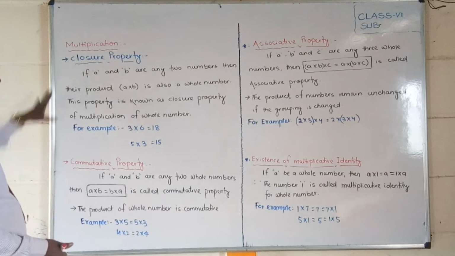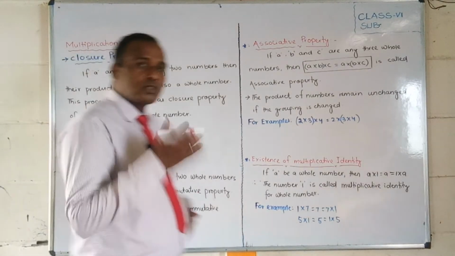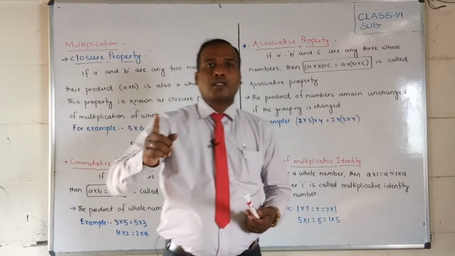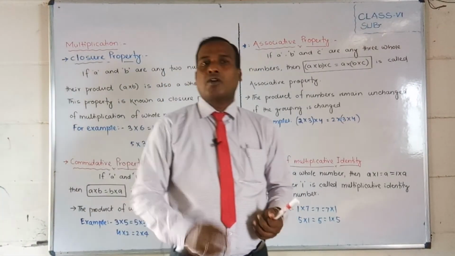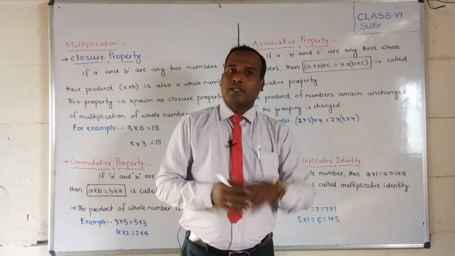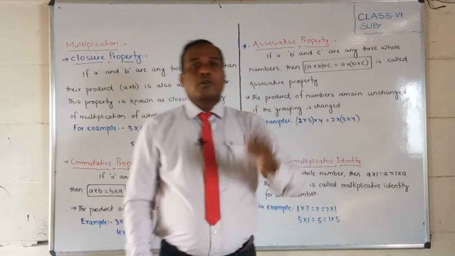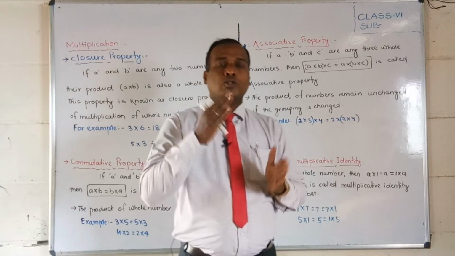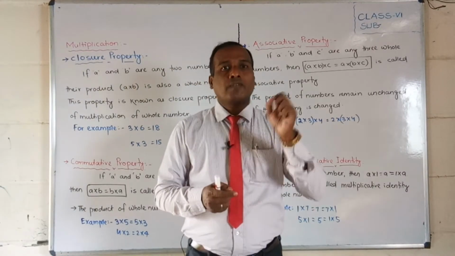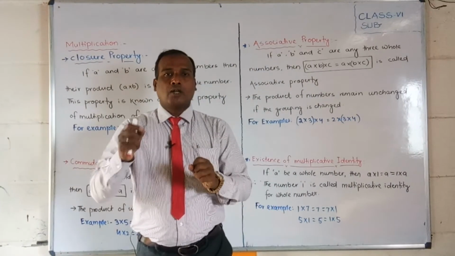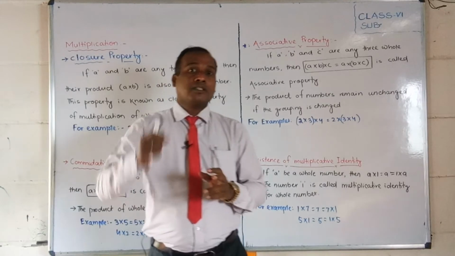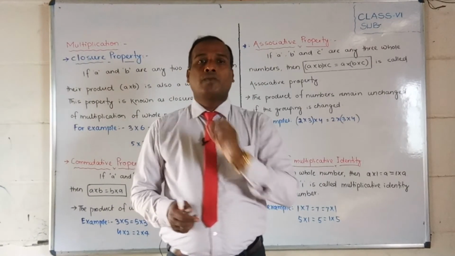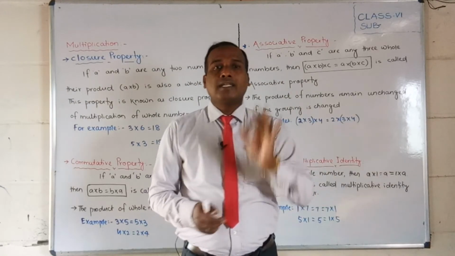So students, what is closure property? Closure property means when we multiply two whole numbers, the product is a whole number. That is called closure property in multiplication. It is satisfied because 5 into 3 is equal to 15. 15 is a whole number, 5 is also a whole number, 3 is also a whole number.